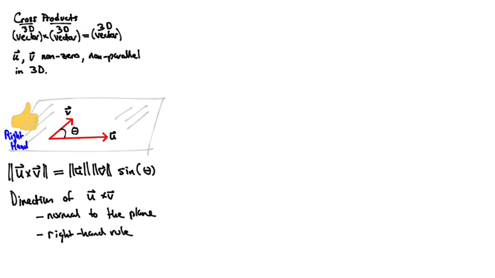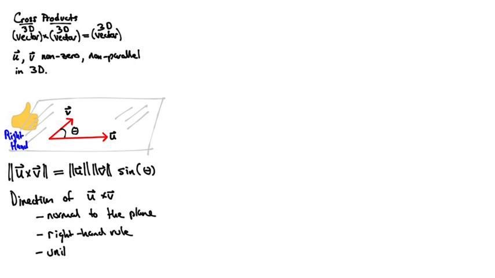Put your fingers of your right hand kind of forming that vector u on the screen there, and then curl them inward towards your palm, kind of mimicking that angle theta between them until it gets to the vector v. Pointing towards v, your thumb is going to be pointing up in this picture. If I was to start with my left hand, you then curl towards v, your thumb would go down. So we're using the right hand, not the left hand, to determine that direction.